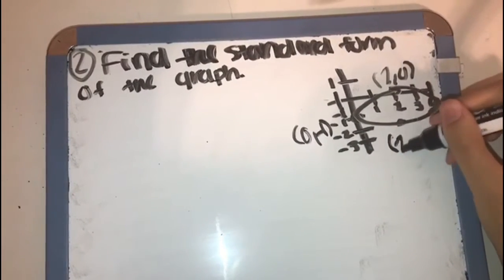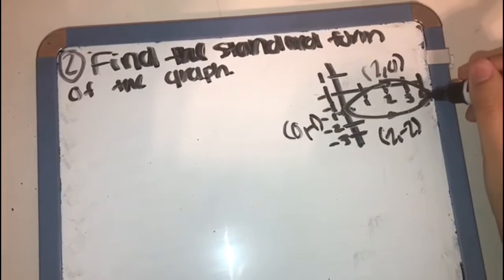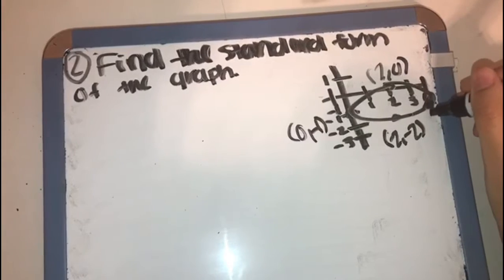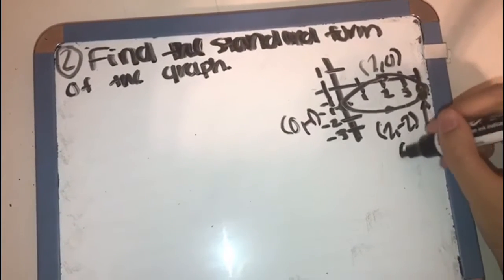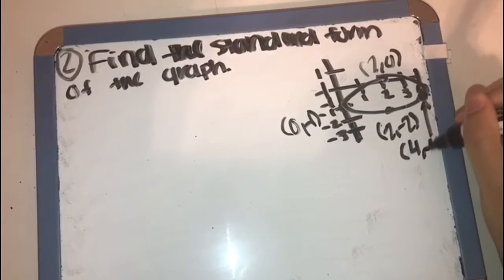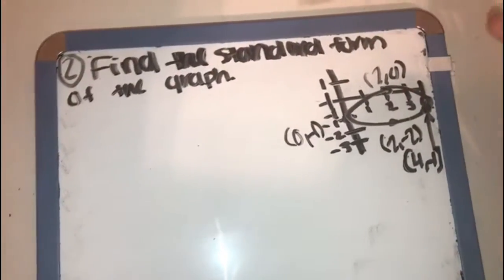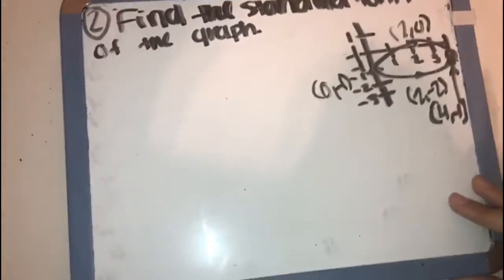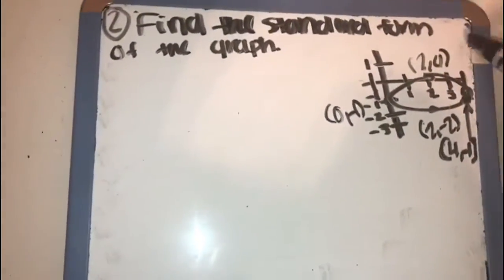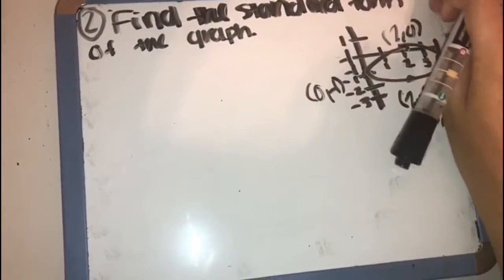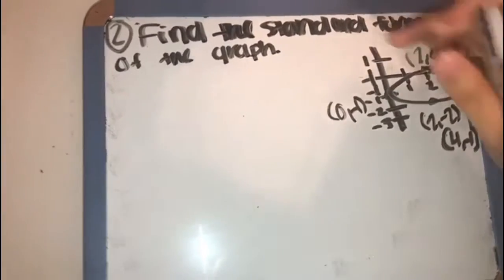Here it's 2 and -2. And right here, this part, is 4 and -1. Still 2. It's a little squished up right now, but you can kind of see what I mean.